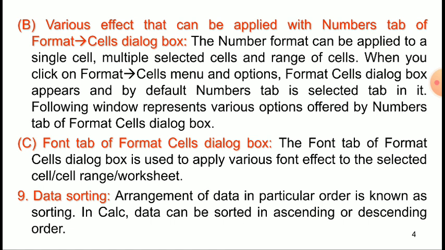The Decimal places option, which comes under the Options label, sets the decimal places for selected numbers. Next is the Leading zeros option, which applies leading zeros to the selected numbers.